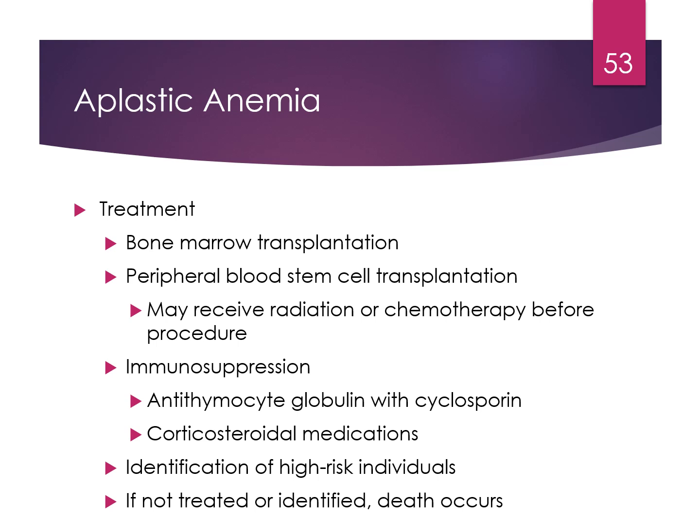They may even try immunosuppression. But one important part of treatment is to identify patients who are at risk. And that becomes important because if we do not identify individuals who are at risk for aplastic anemia, it can lead to death.